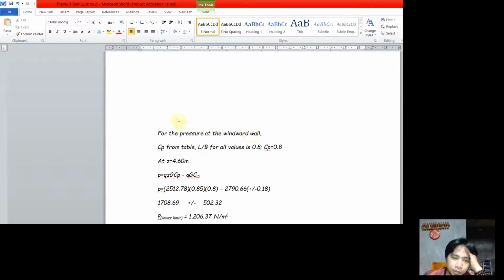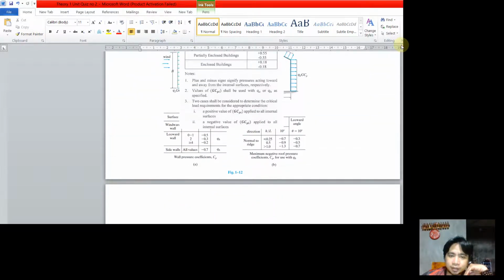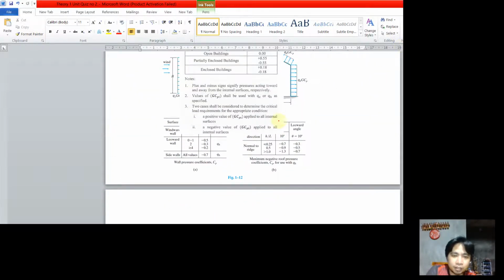So for the pressure at the windward wall, Cp from the table, we use L over B for all values, is 0.8. So let us check that one.